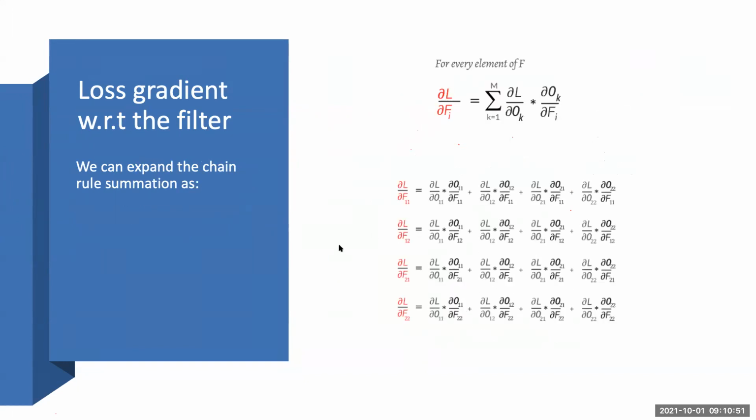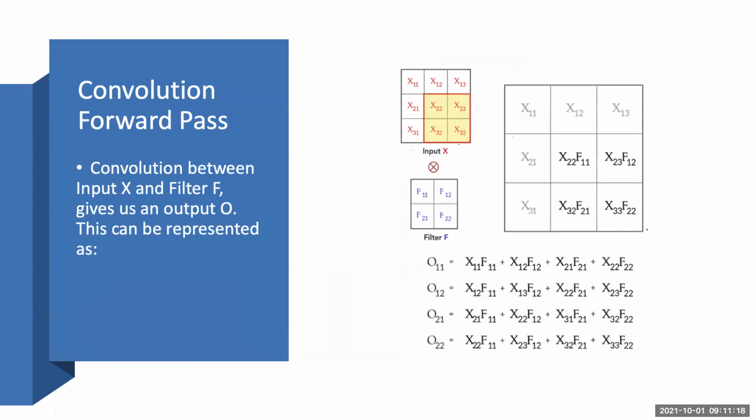So when you expand this summation expression, you get something like this. And remember that I had said from the previous slide, you can get the operations for the gradient of the output with respect to the filter, right? We can get it from this equation.